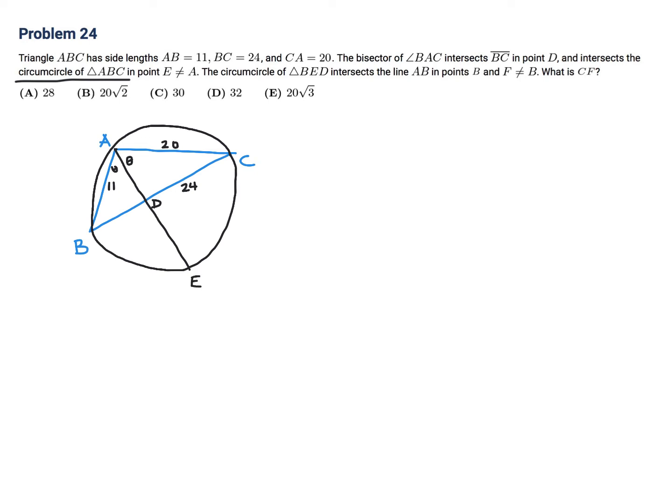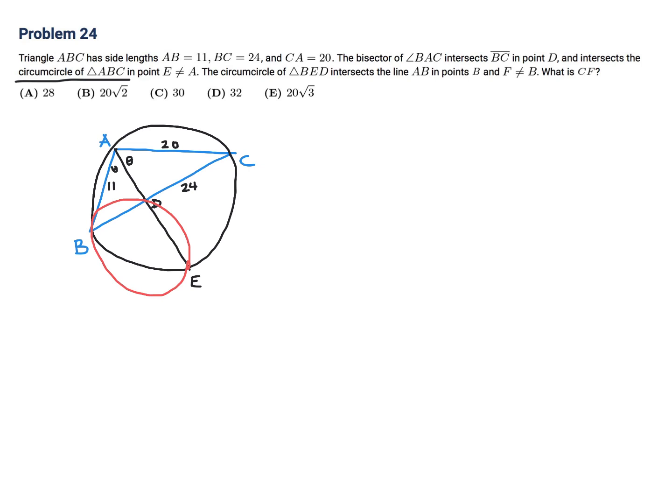And then the circumcircle of BED, so we have another circle in here, a circle that passes through B, E, and D. That intersects the line AB at F, I believe, right?